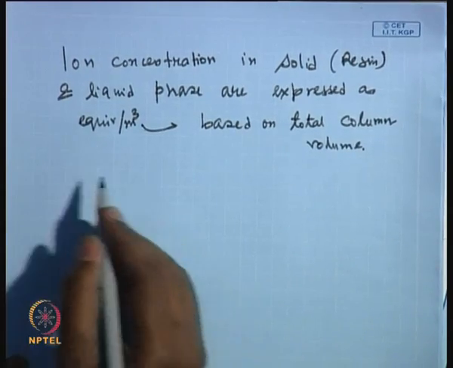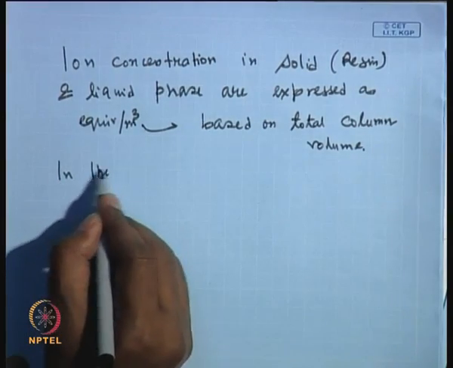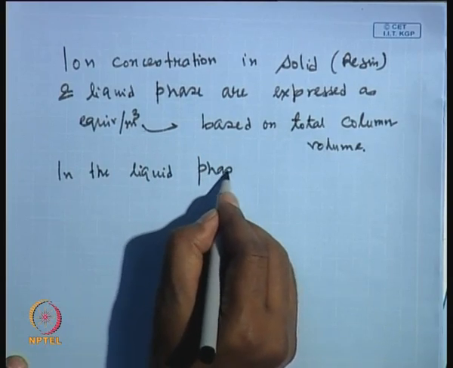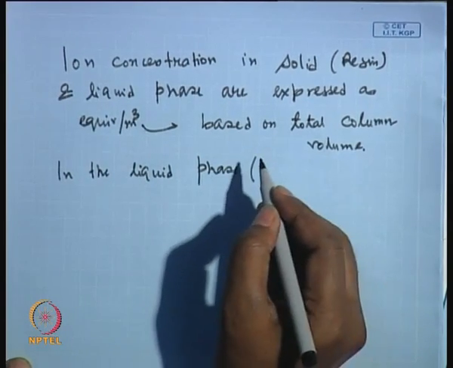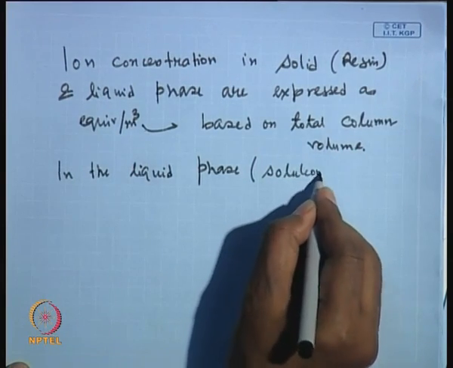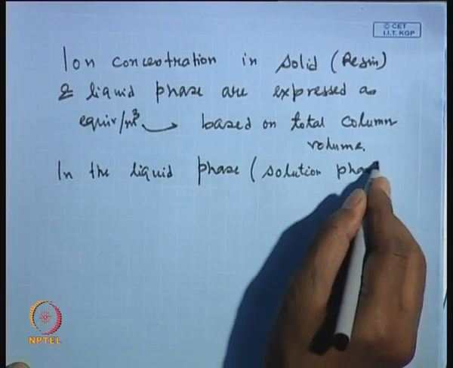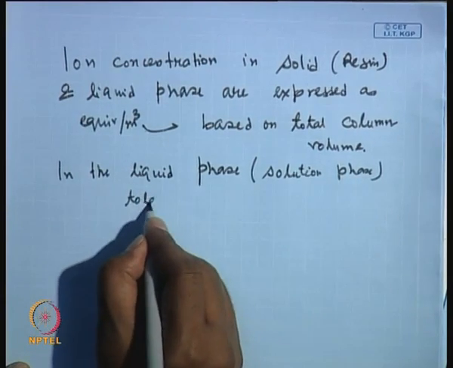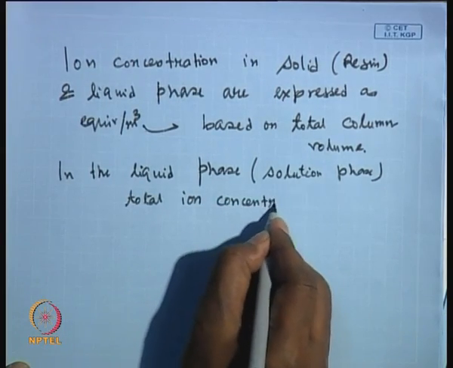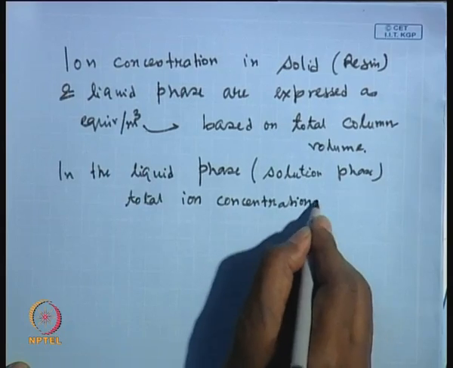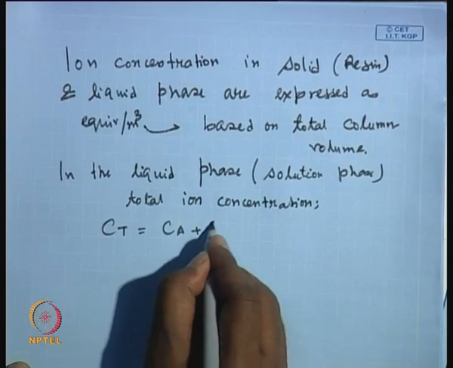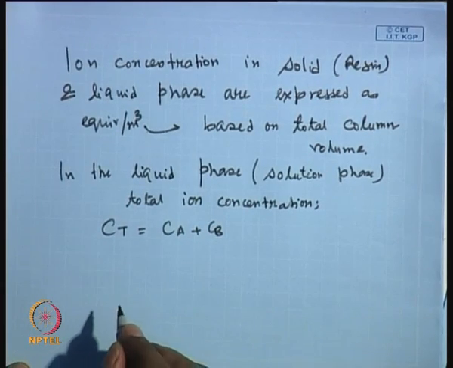Okay. So in the solution, in the liquid phase, the total ion concentration is fixed. So C total is equal to C A plus C B. Okay.